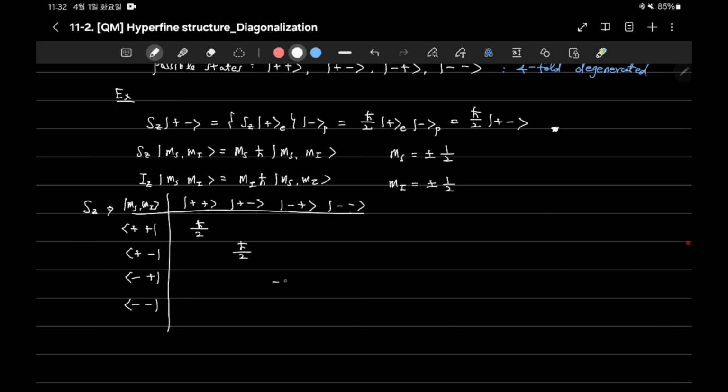So it is ħ/2 for spin up, and for spin down it is minus ħ/2, and all other terms are 0.